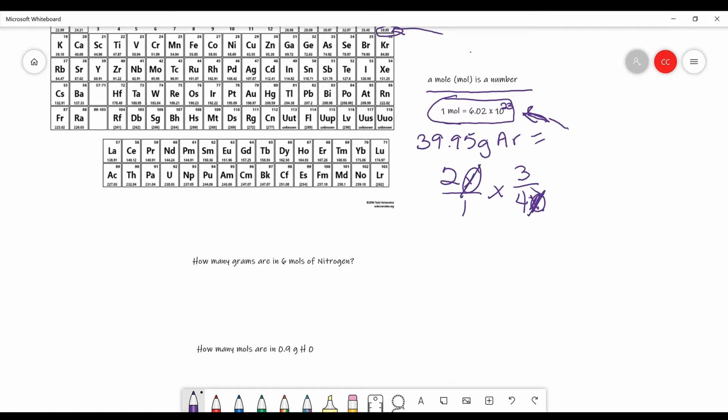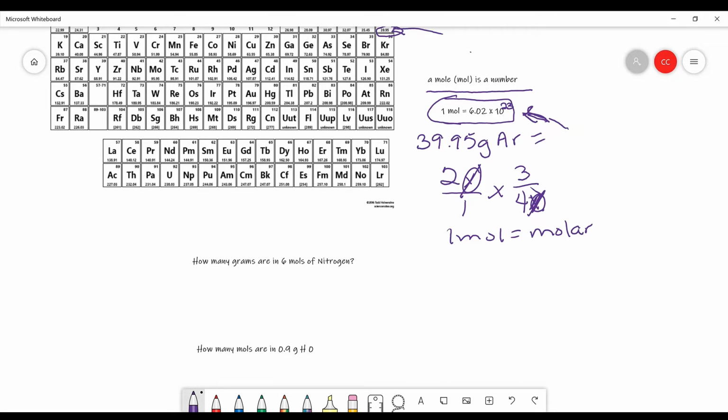Our units are the same way. They act like a variable, so they can cancel out. And that will help keep straight what you're looking for and what you're trying to get rid of, whether it's being multiplied or divided. So if we are remembering that 1 mole is equal to the molar mass of the substance.